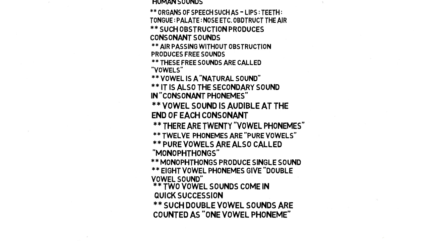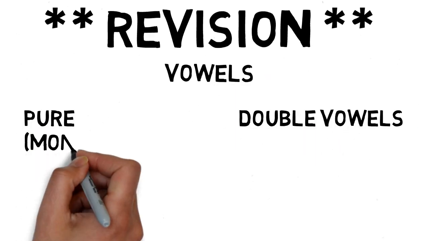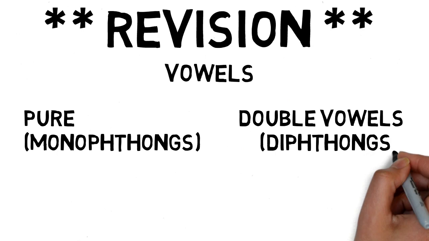I plus a give us the sound ear. These 2 sounds are treated as one vowel phoneme. Thus, we see that in speaking we produce 20 vowel sounds.